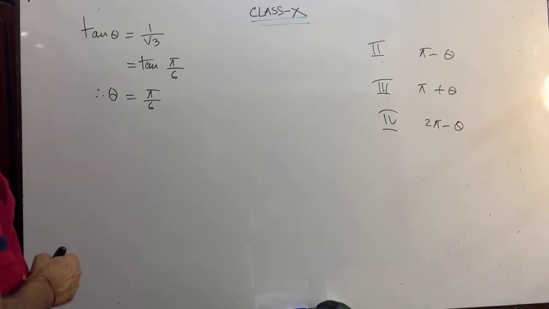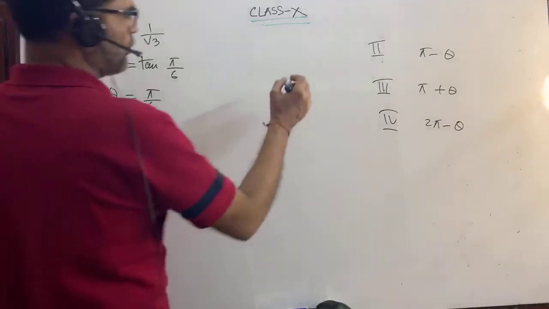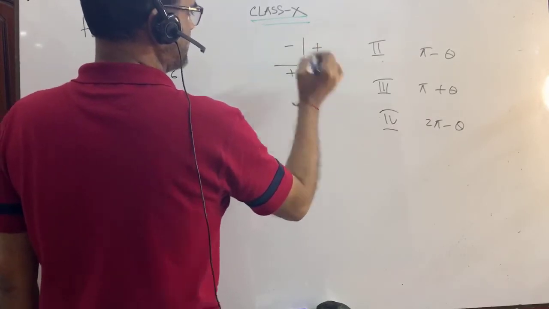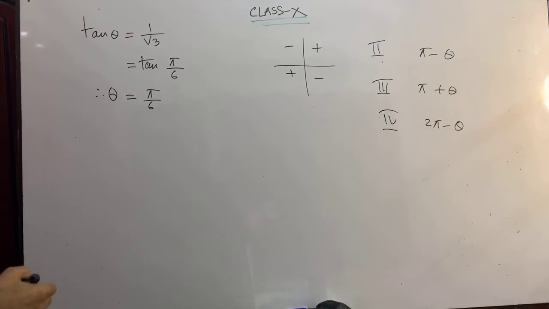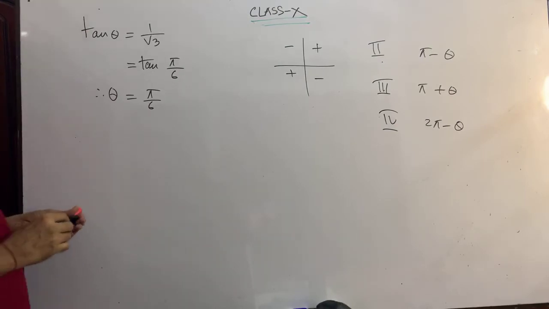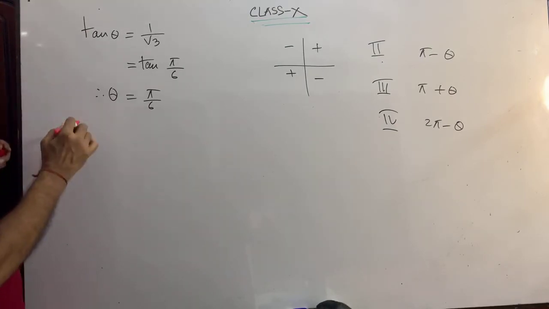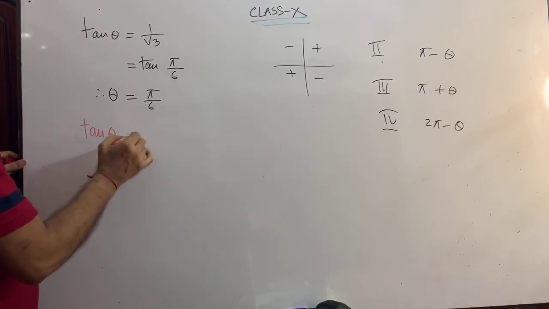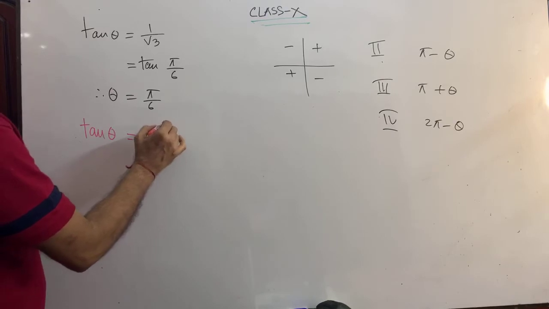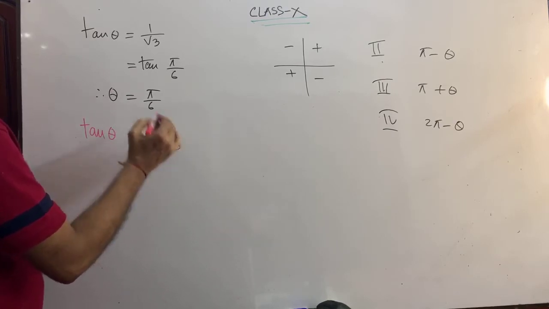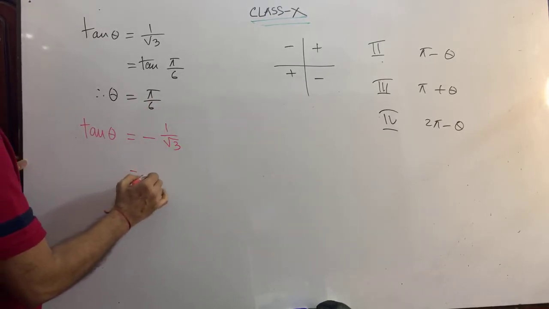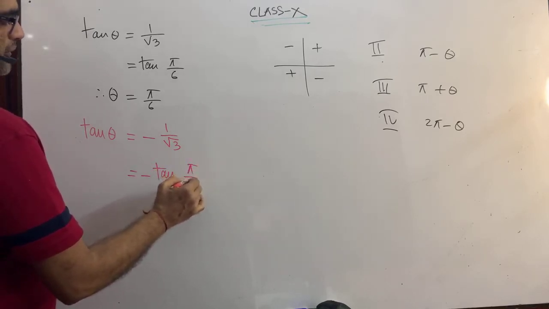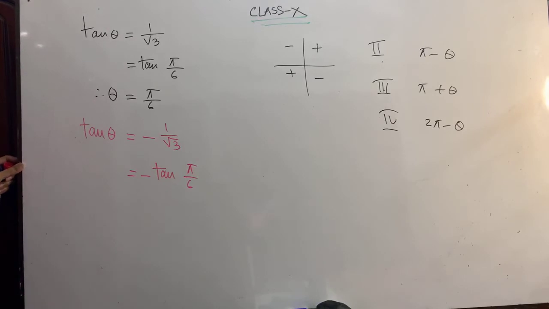Anyway, now what was the figure here? It is positive, negative, positive, negative. Okay, and we had tan theta. Now you write down tan theta in the second quadrant. You see tan theta is equal to what? Minus 1 by root over 3. That means minus tan pi by 6. Okay.